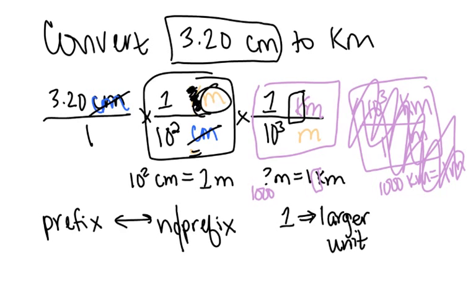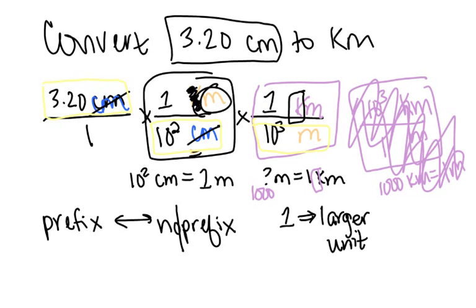Okay, now from here you would have to plug into your calculator. Again, the numbers that you're trying to record are the numbers that are not ones. So the 3.20, the 10 to the second, and the 10 to the third. So this is where you would say, okay, these values are all on the bottom of the fraction.